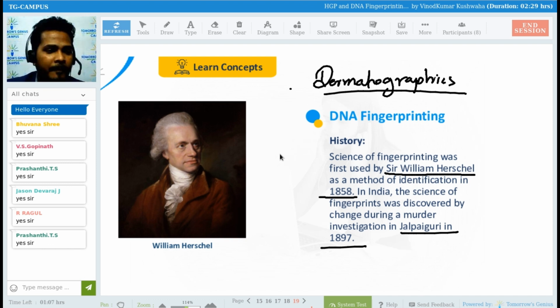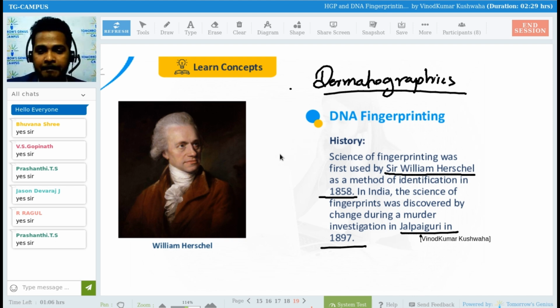Jalpaiguri, where is Jalpaiguri? Anyone know which state Jalpaiguri is in? Come on, tell me. Jalpaiguri is in Bengal.